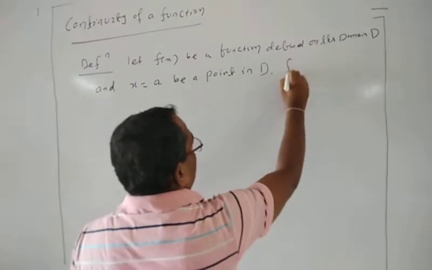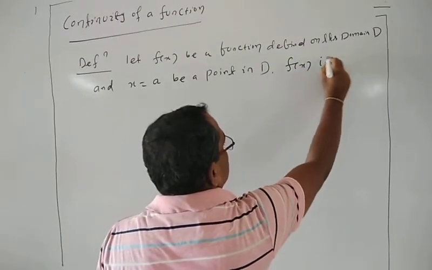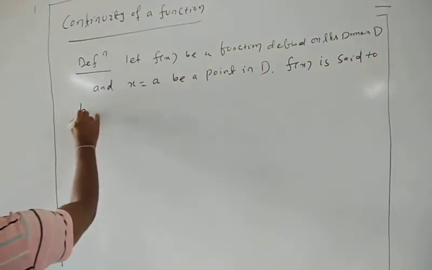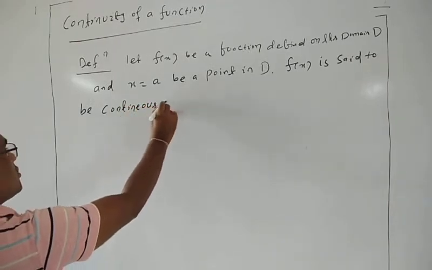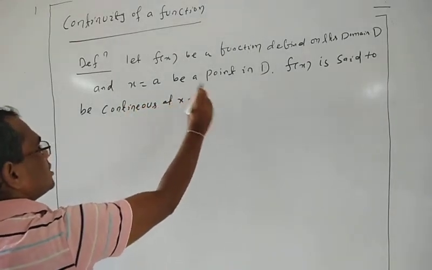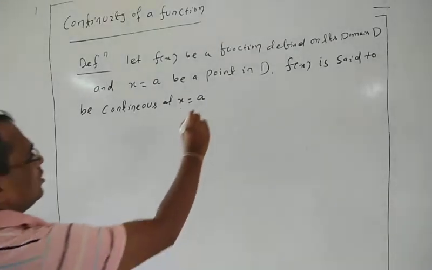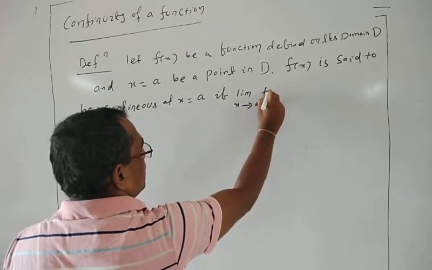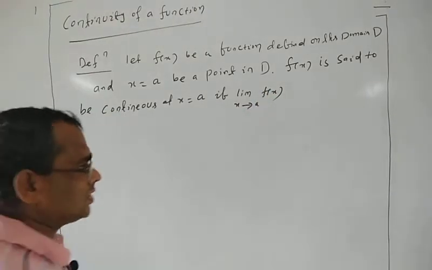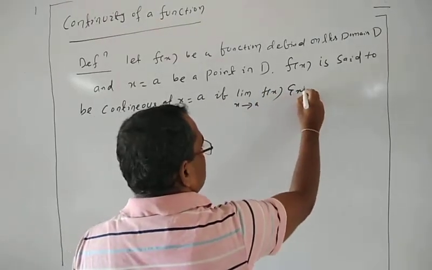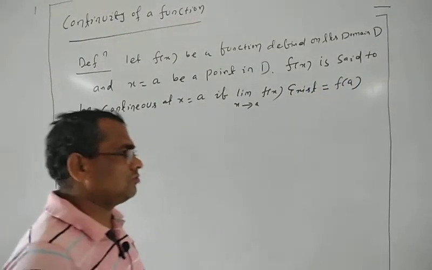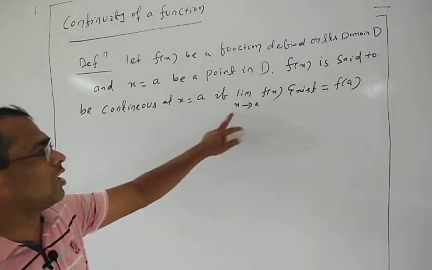The function f(x) is said to be continuous at x is equal to a if the limit as x tends to a of f(x) exists and is equal to the value of the function. So the limit as x tends to a of f(x) exists.